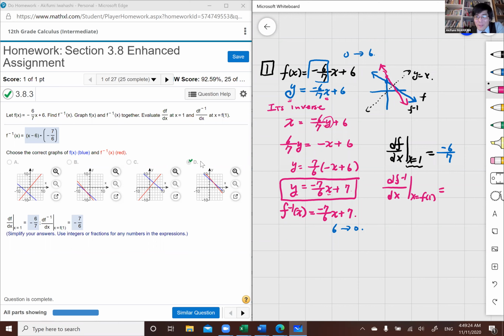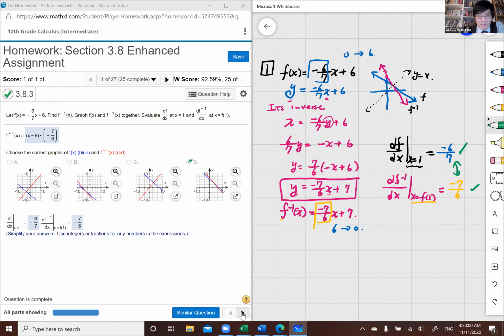Here f of 1 is a y value, which is a complicated value, but remember, this just means the slope of the tangent line. If the original function is a line, the derivative is just the slope. So the derivative of this one is negative 7 over 6, no matter where it is. One thing you want to understand in this section is that the slope of the original function and the slope of its inverse are reciprocals of each other.